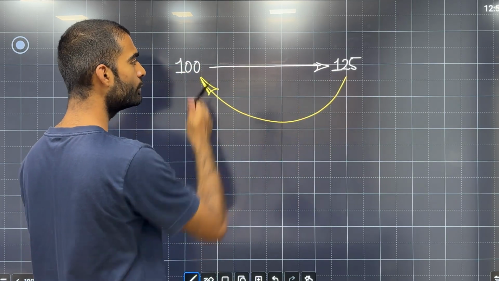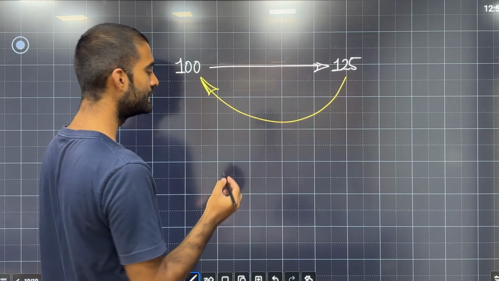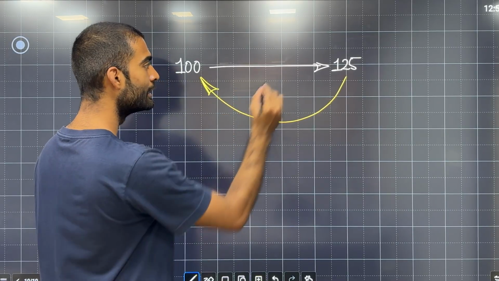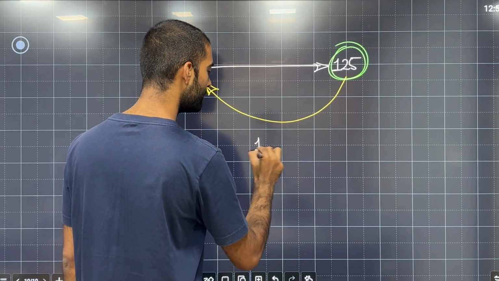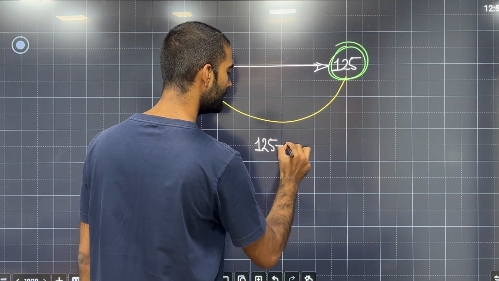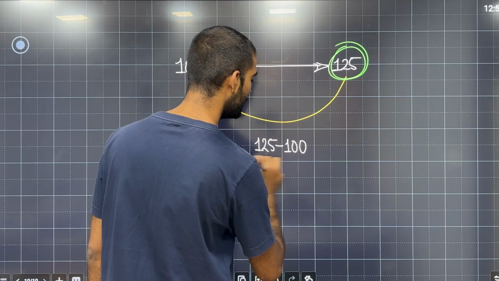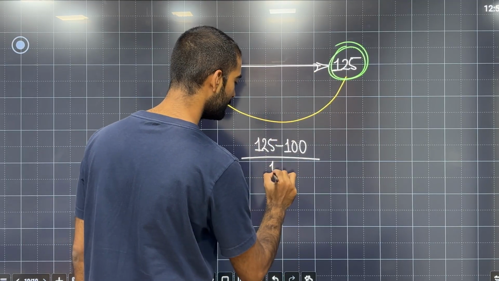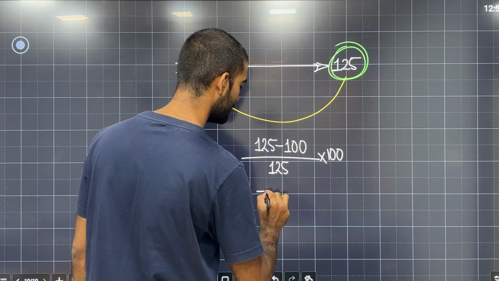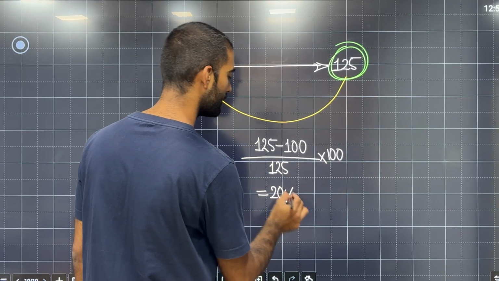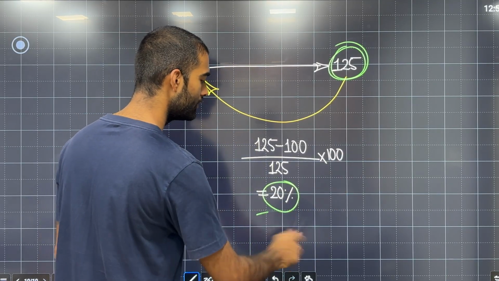So it comes from 125 to 100, we need to find the percentage change. So that becomes very easy. So this will act as the base now. So it's going to be 125 minus 100, the change divided by 125 times 100. And this is nothing but 20%. And that's your answer again.